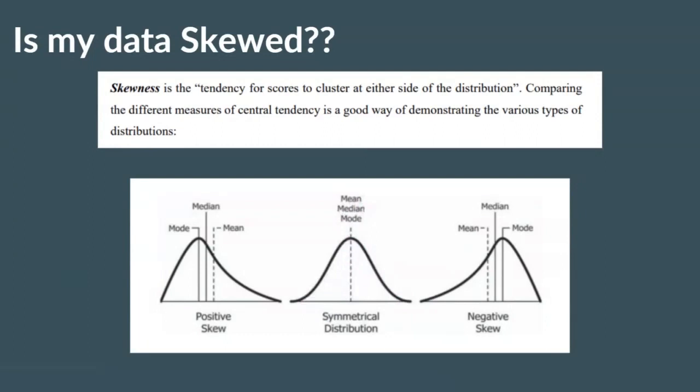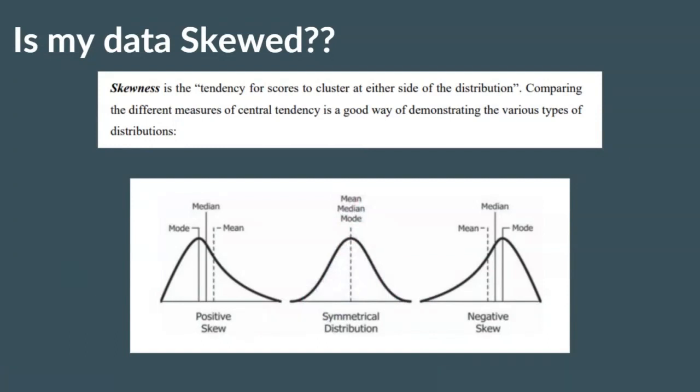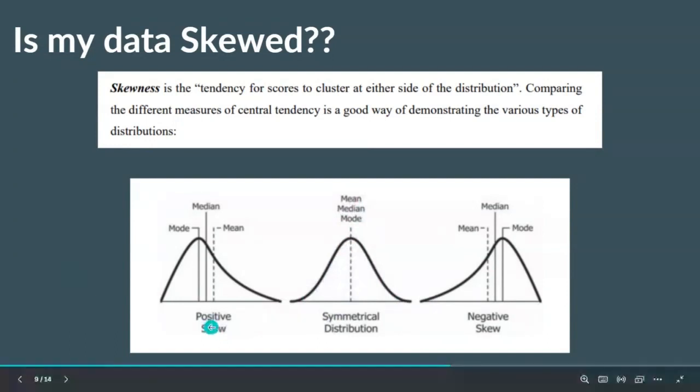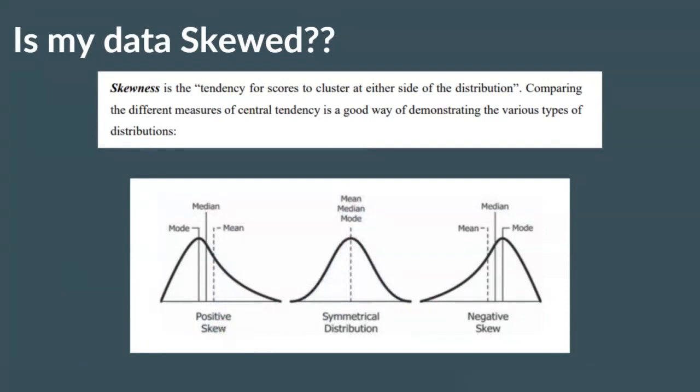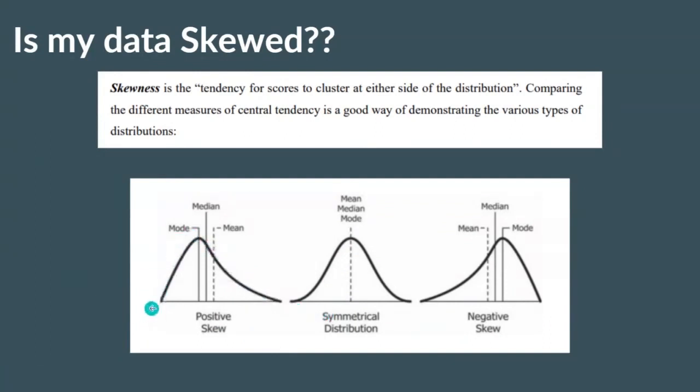Okay? When you have something that is positively skewed or skewed to the left, yes, then it means that the mode and the median are on the left of the mean. They're lower than the mean. And that's what happens when you have skewed data like this.